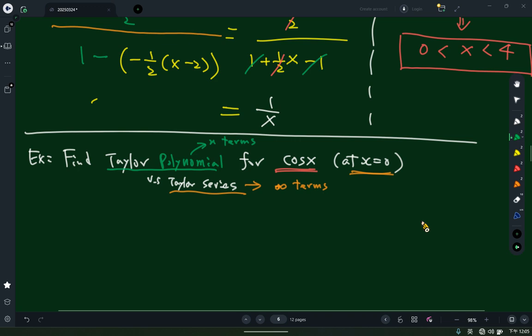For the Taylor polynomial of degree n, we just consider a0, a1 times x minus a, a2 times x minus a squared, up to an times x minus a to the power n. We just stop at the n plus 1 term. But for the Taylor series, no, we will continue. In the end, we will have an infinite number of terms.